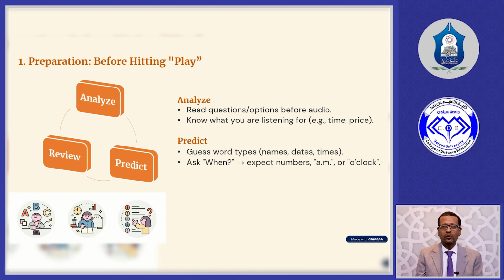If the question is when, that means you expect numbers. If it is about how, that means a way. If it is about why, that means it is a reason. So try to make predictions about what the speaker will talk about, how the question will be answered, and what the answer will be.